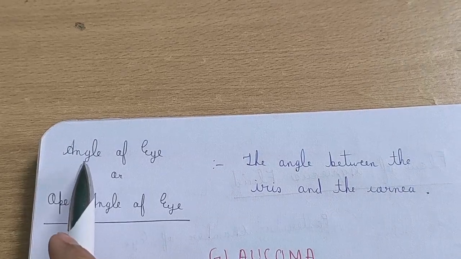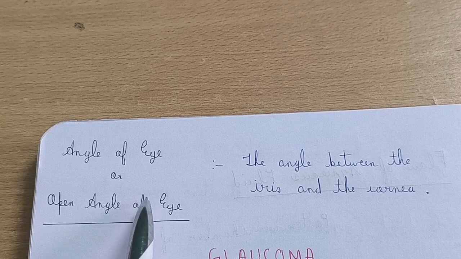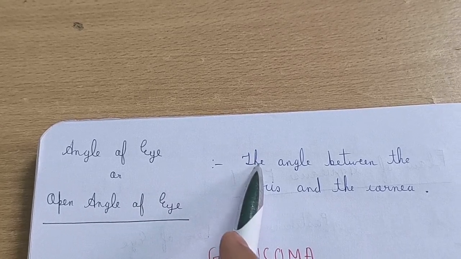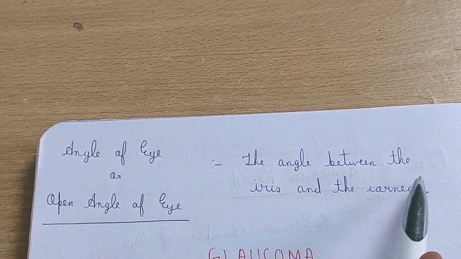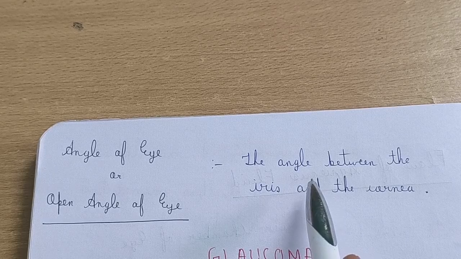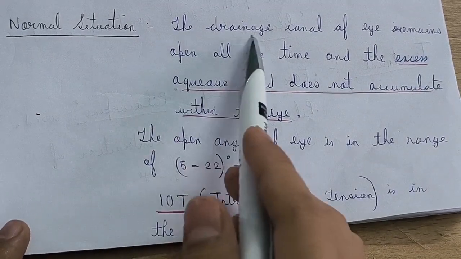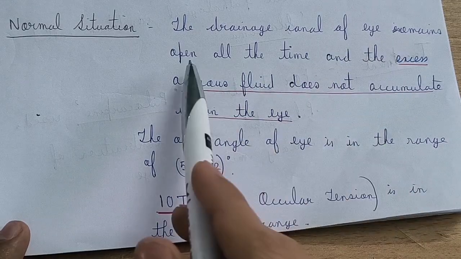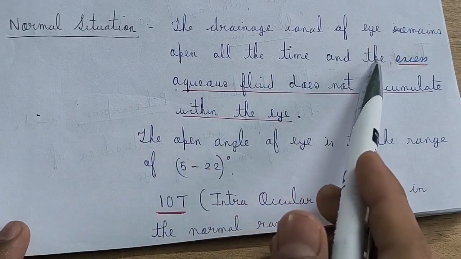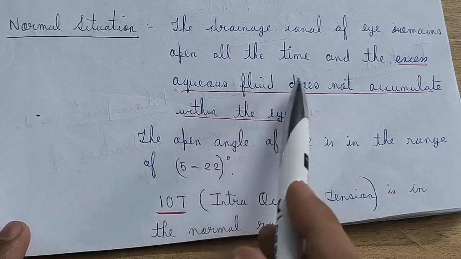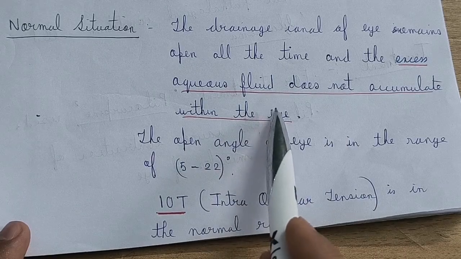See about the angle of the eye or open angle of the eye, the definition I have written: the angle between the iris and the cornea. So this is known as the angle of the eye or the open angle of the eye. See the normal situation: the drainage canal of the eye always remains open all the time, and excess aqueous fluid does not accumulate within the eye. Why?